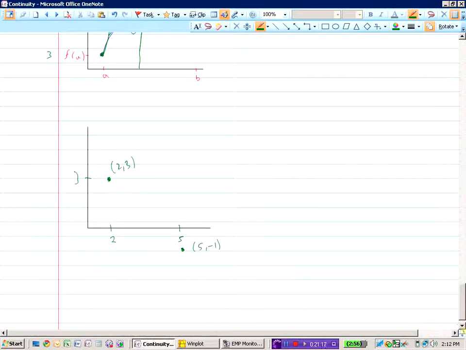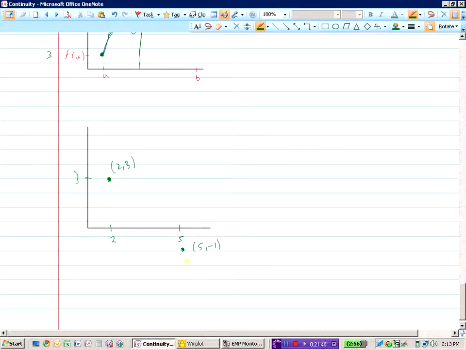Then the intermediate value theorem would tell us that if this would be a continuous function, then there must be some place between 2 and 5 on our x-axis where we will have a y value of 0. Correct? How are you going to get from this point to this point without crossing the x-axis if it's continuous?